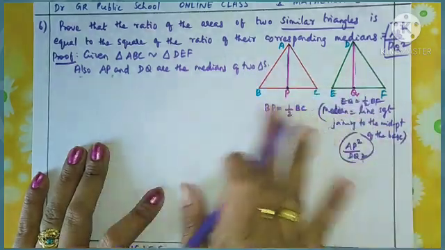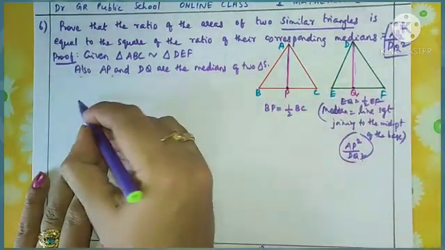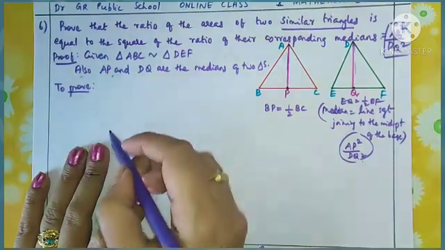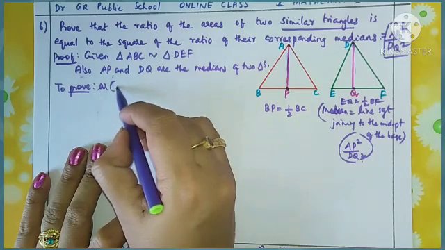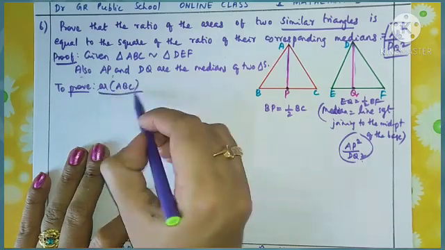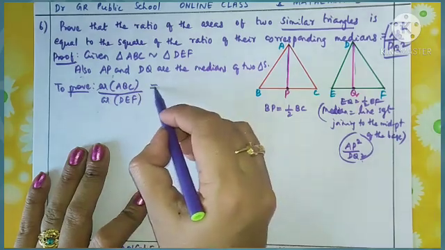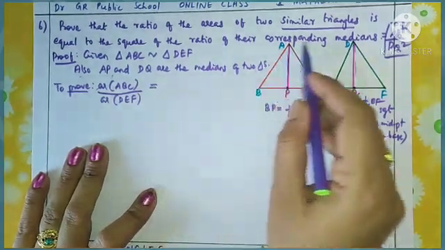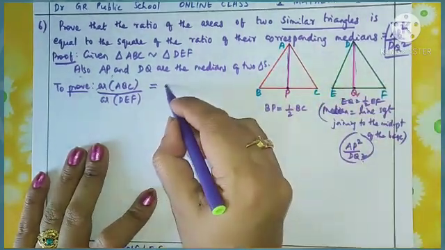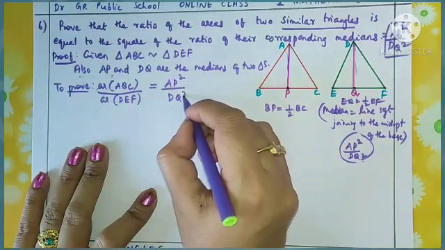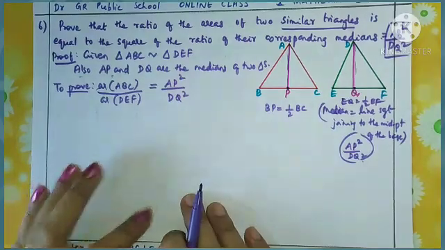Okay, yes, so this much we know. Now what do you want to prove? To prove, area of first triangle ABC by area of second triangle DEF is equal to the square ratio of their medians, means AP square by DQ square. So this is the result we want.